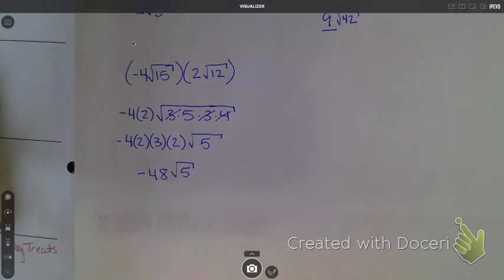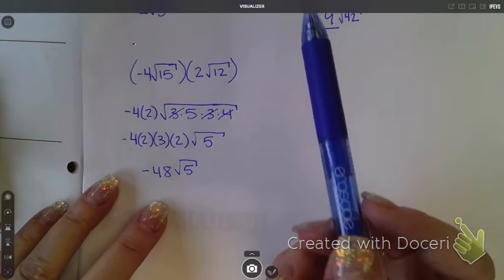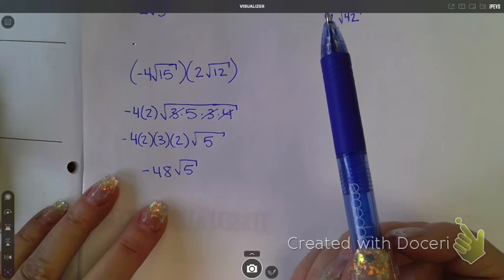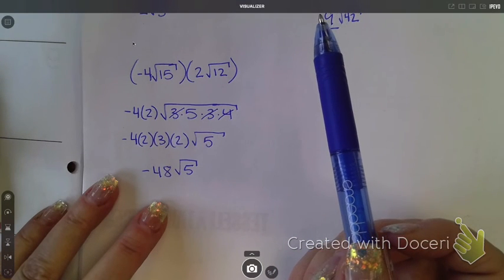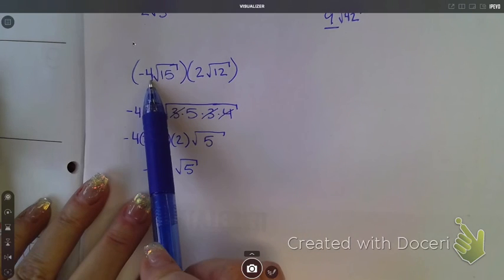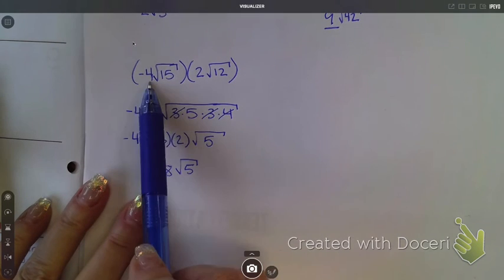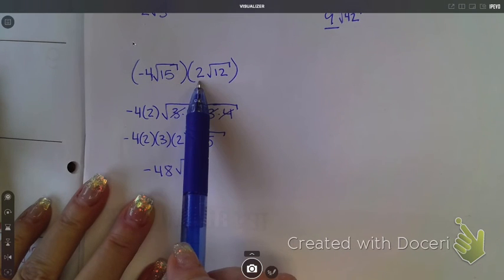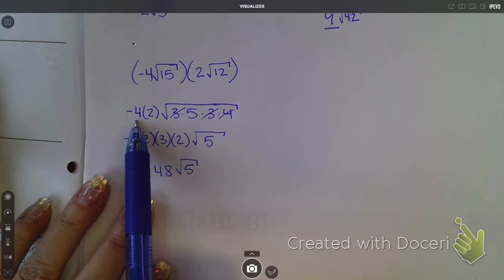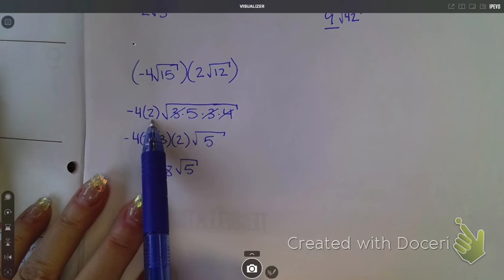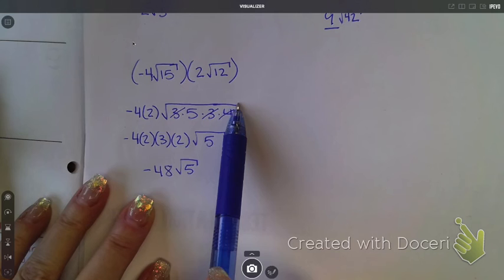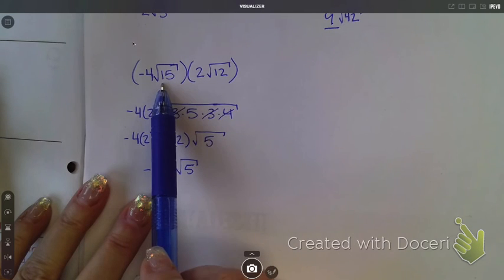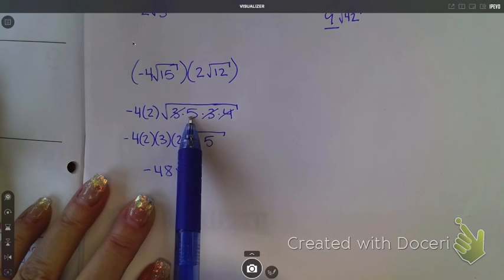I'm going to step you through my work. Look what I did. Where'd this 4 and 2 come from? Yes, so 4 times 2, negative. Then I have the square root. I broke down the 15, which is what? 3 and 5.